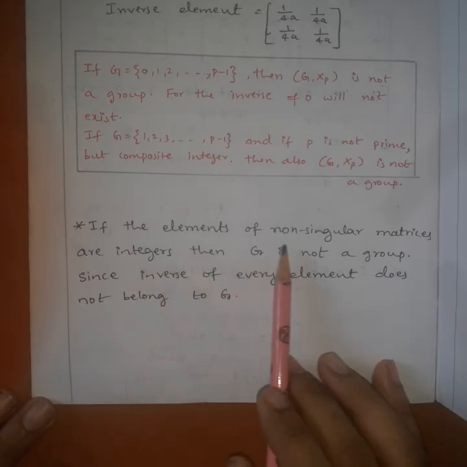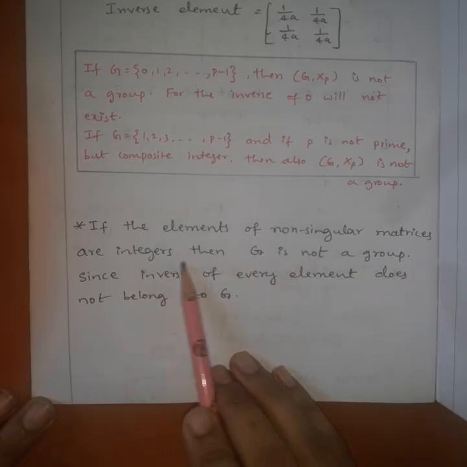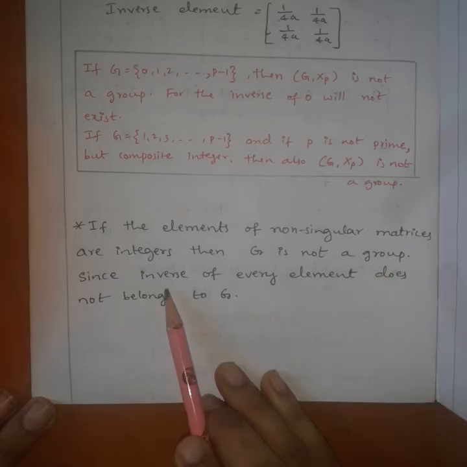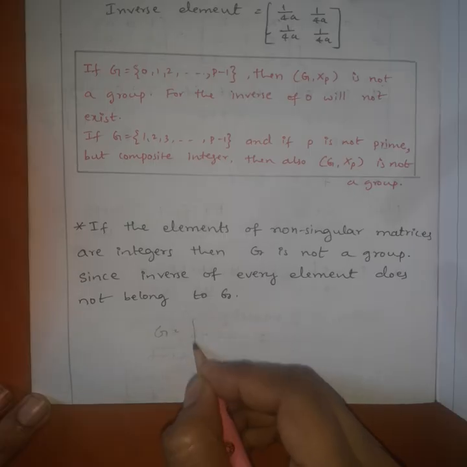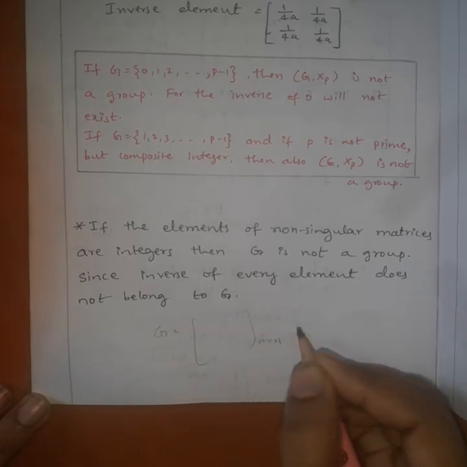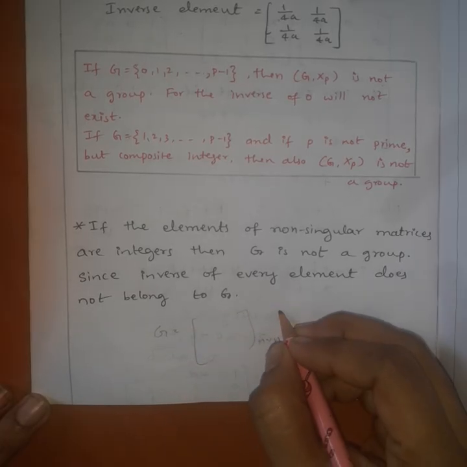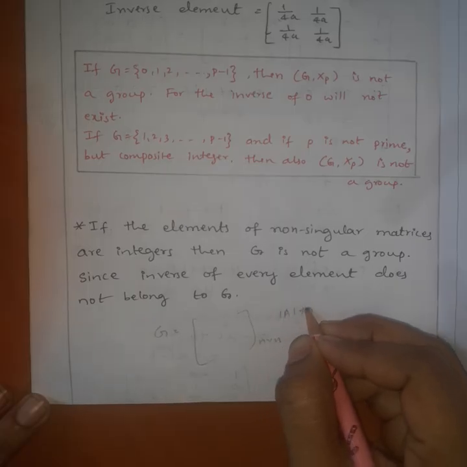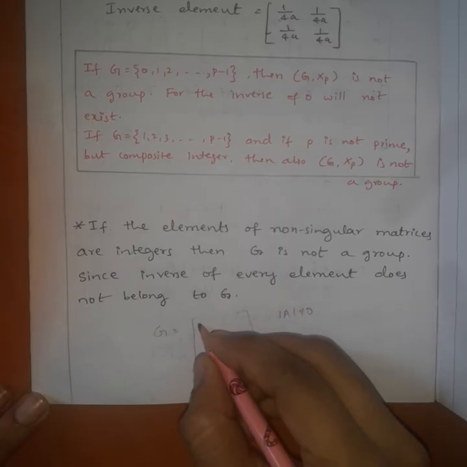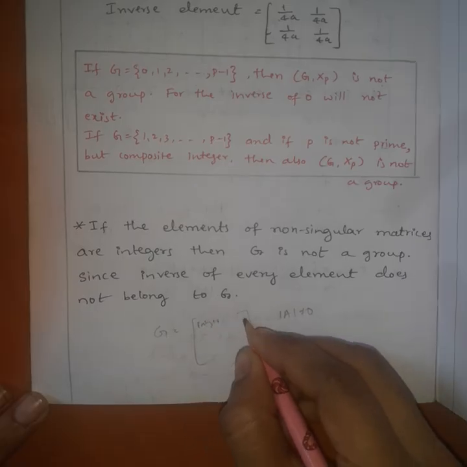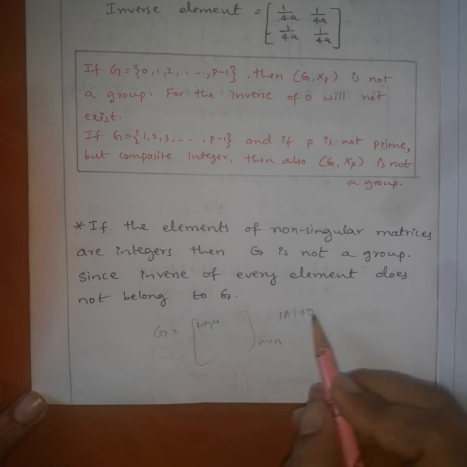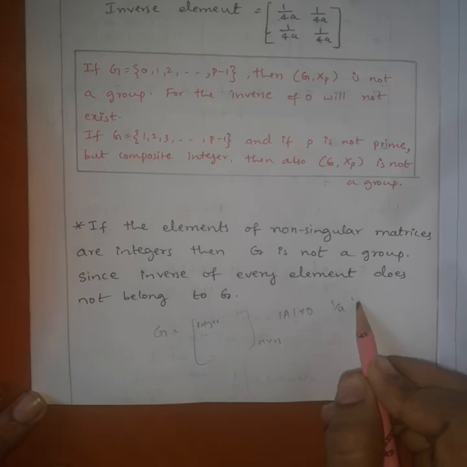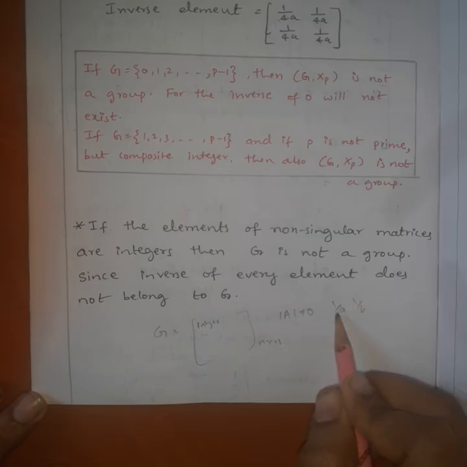Also, if the elements of non-singular matrices are integers, then G is not a group, since the inverse of every element does not belong to G. That is, if G is the set of all n by n matrices with determinant not equal to 0 and integer entries, then such a set is not a group because the inverse of an element may include numbers like 1 by a, which is not an integer.